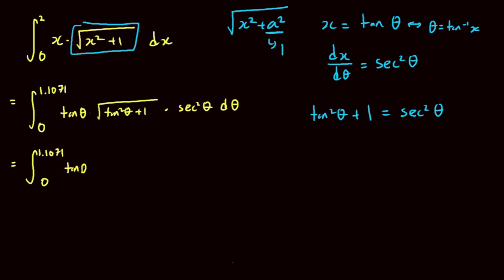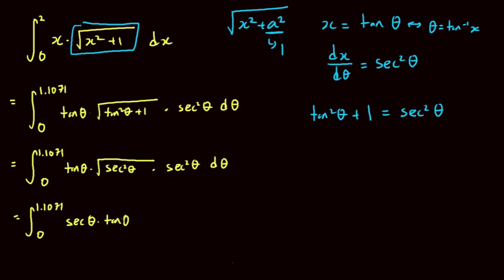Tan theta, okay, times, of course, sec squared theta, and then we have here sec squared theta d theta. Okay. So square root of sec squared theta would lead us to what? So we would have here sec theta times tan theta times sec squared theta d theta.